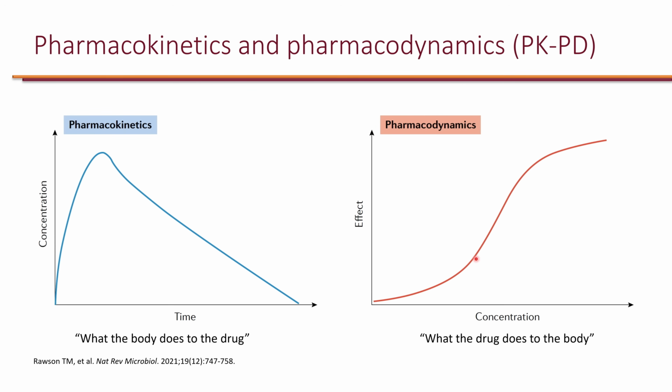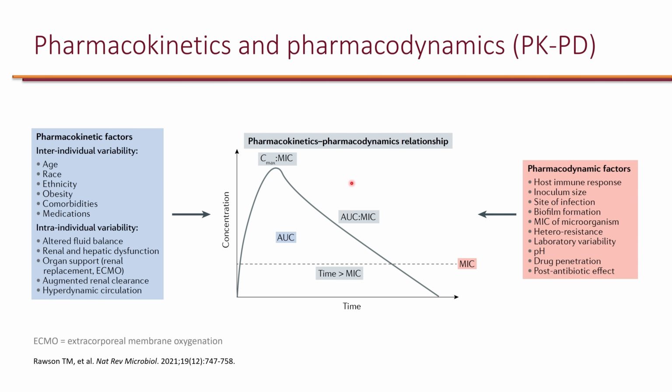That's in general. When it comes to antimicrobial agents for infectious diseases, we like to combine pharmacokinetics and pharmacodynamics because they can only make sense together. So the way we think of pharmacodynamics is that we need to consider MIC, and MIC is the minimum inhibitory concentration of the drug.